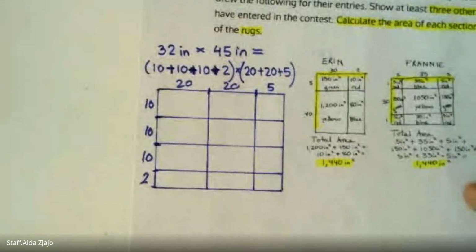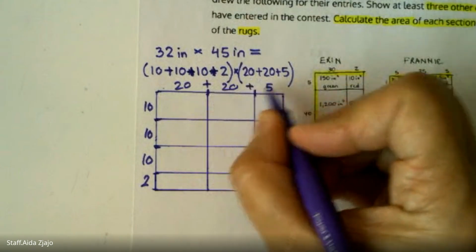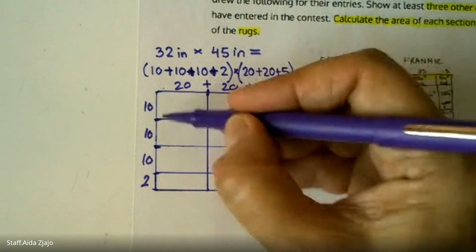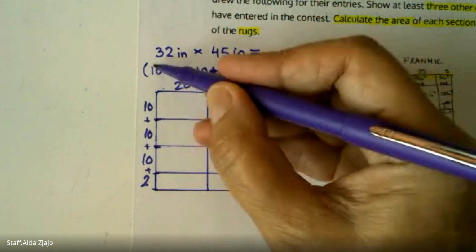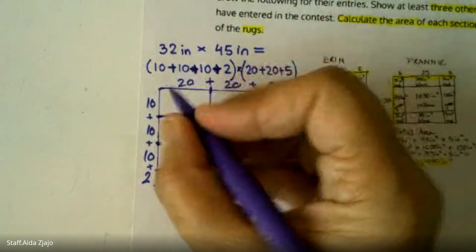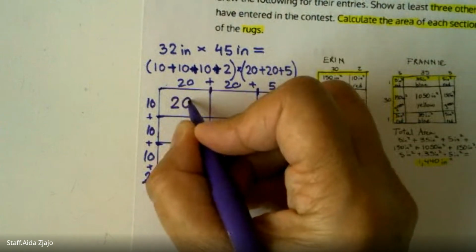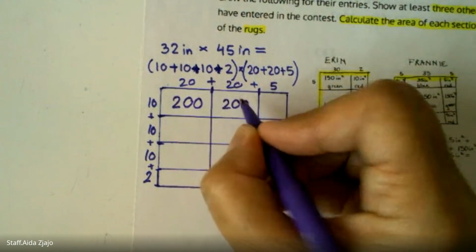So let's see what the area is. You can always check: 20 plus 20 plus 5 is 45, and 10 plus 10 plus 10 plus 2 is 32. So I'm good with that. 10 times 20 is 200. 10 times 20 is 200.